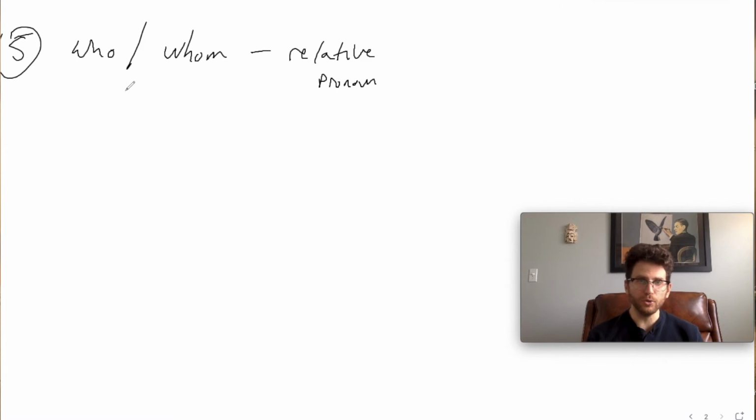The man who sold me my car. Okay. So the man, noun, who, relative pronoun, and then it's connecting that noun to the adjective, the information that comes after it, which is sold me my car. So it's telling you information about that man. And think of the relative pronoun as like a connector. It connects the noun to the information about the noun. It's usually adjective information about that noun.